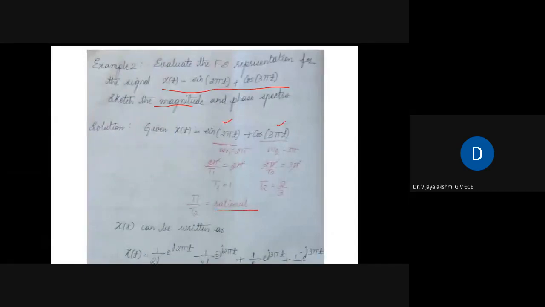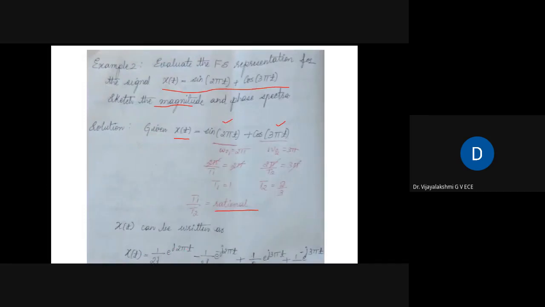So the given signal, x of t, which is the addition of these two periodic signals, is periodic. So I can proceed to compute the Fourier series coefficients for the given signal. Now, as we did in the previous problem, we expand sine 2 pi t, which is 1 over 2j.